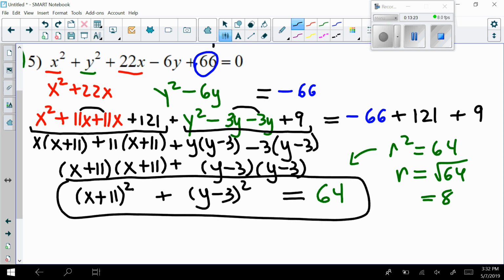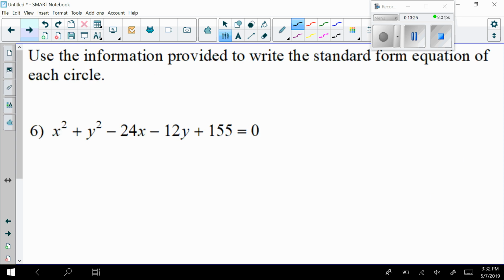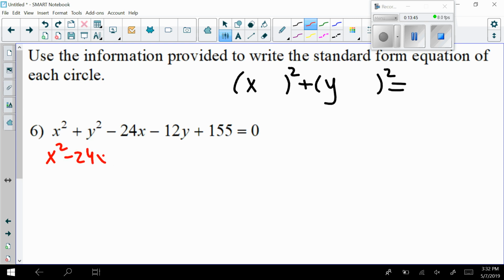I'm going to do one more of these before we stop, just to make sure that we feel good about them. Remember, my end goal is to make my equation look like this. What I'm going to do is rearrange so all my x's are together and all my y's are together, and the numbers that don't have a variable are going to go to the right.